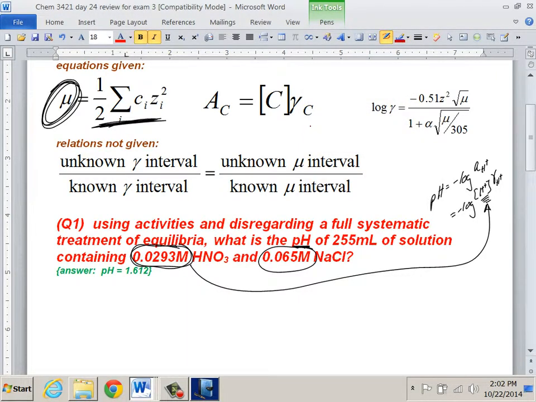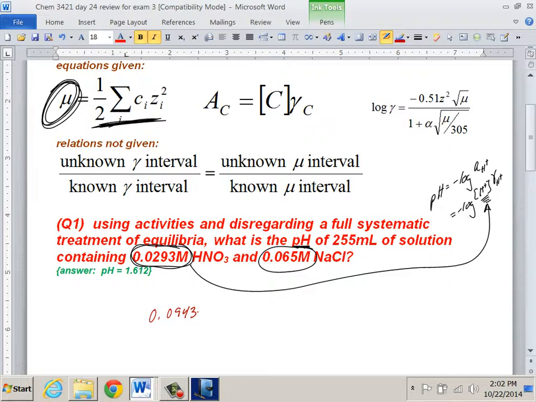What is it? 0.0943 or 0.0945. Okay. So we definitely have to interpolate. So interpolate, get the actual activity coefficient, or gamma.